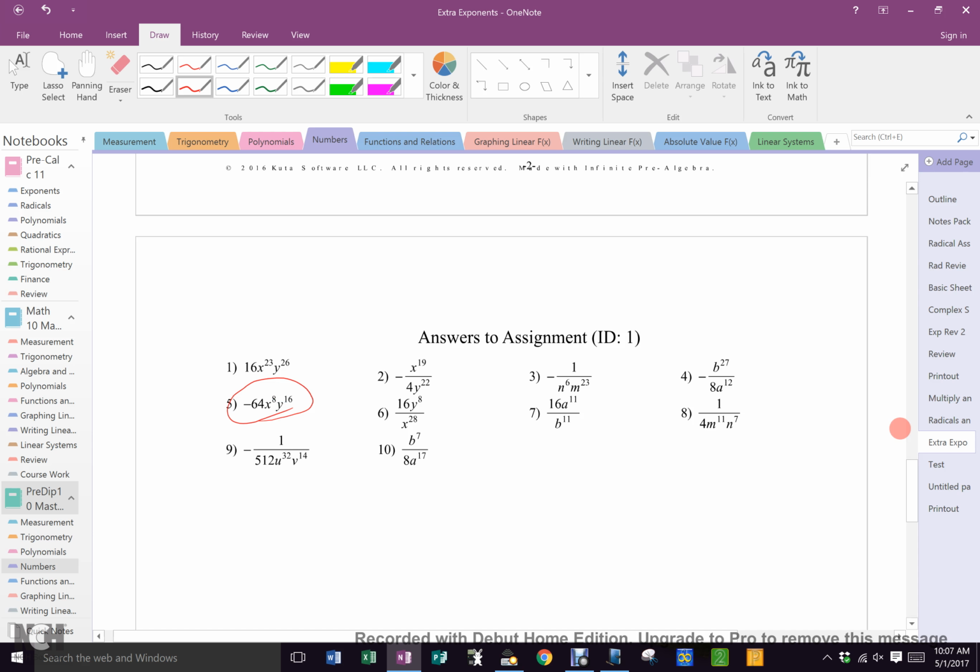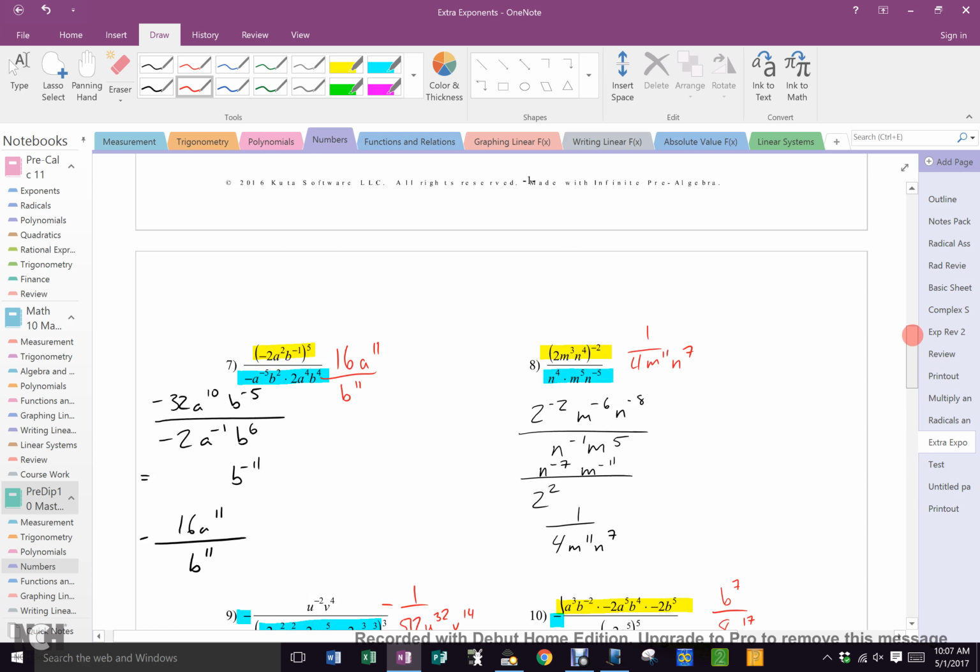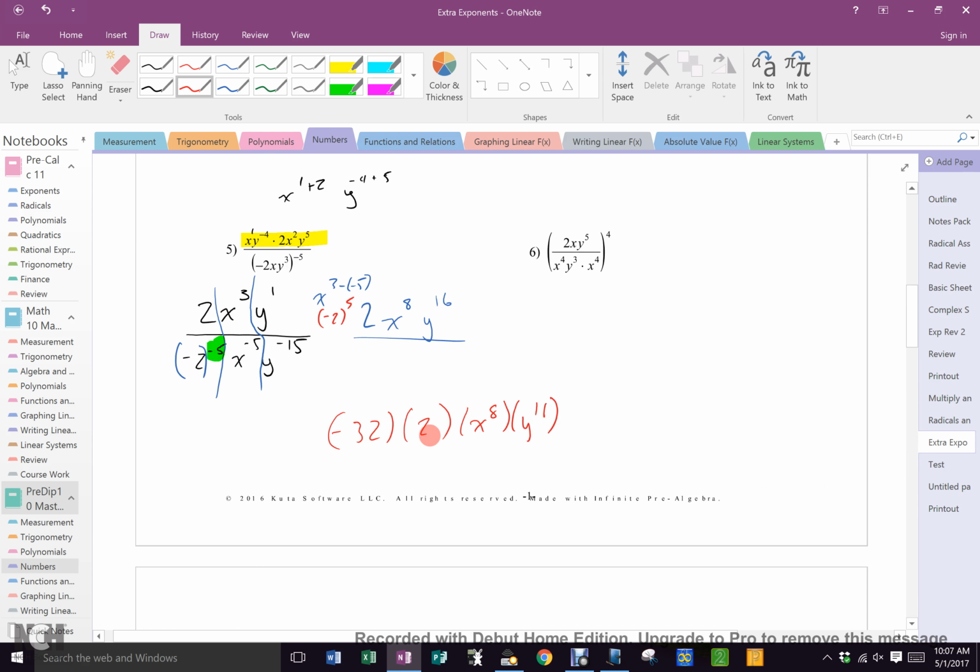Of course you have to keep the negative. But it's not negative 32 times negative 32. It's negative 32 times 2. I have y to the 16. I just didn't finish the 6 very well.